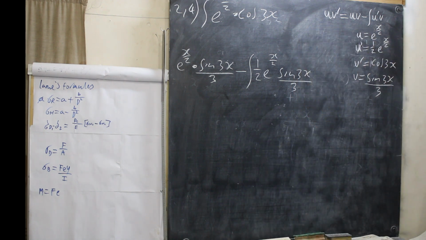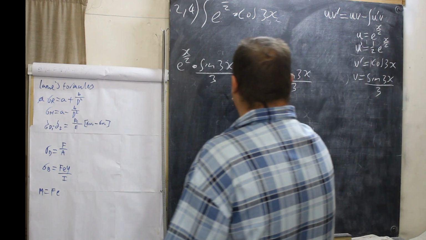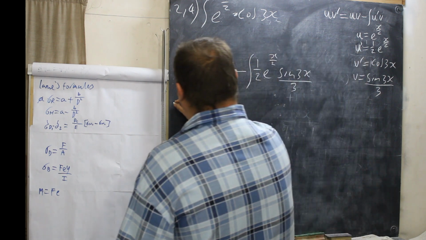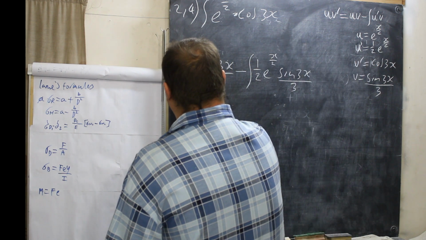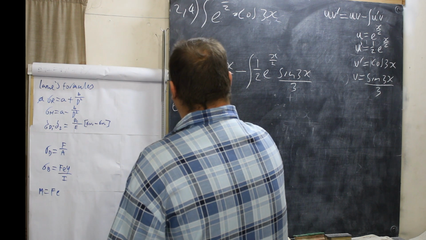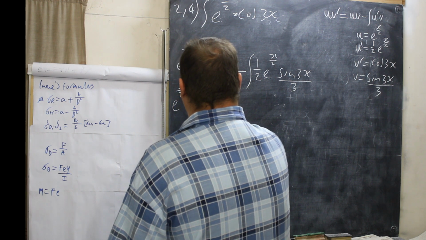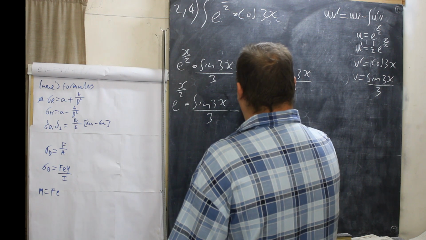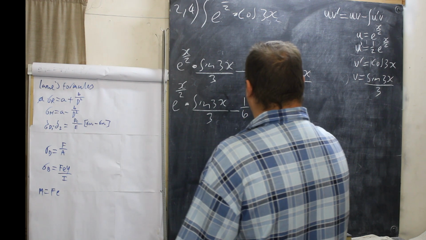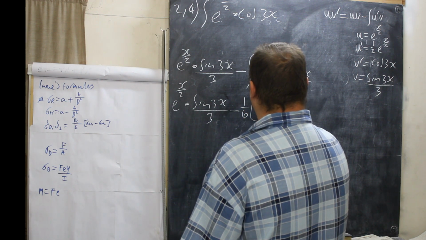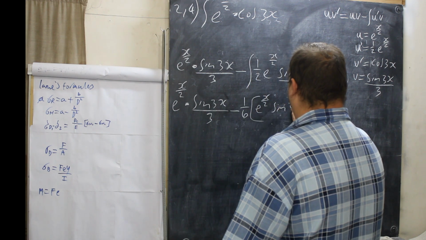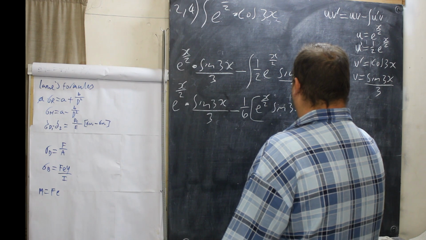So let's get rid of what we can get rid of. That can come out of the integral, and we're left with e to the x over 2 sine 3x over 3 minus 1 over 6 times the integral of e to the x over 2 sine 3x.